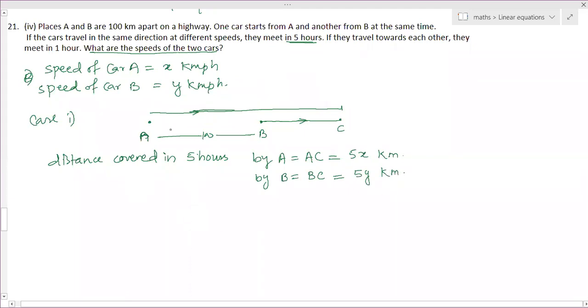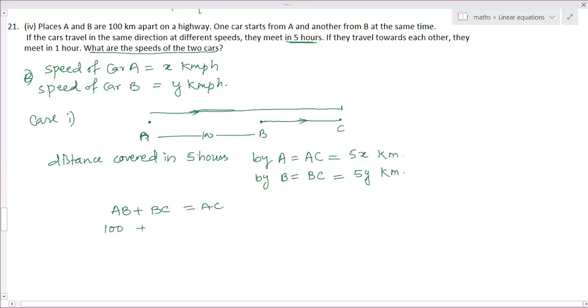Right? Now what is the distance relation between AB, BC and AC? AC is equal to AB plus BC. What is AB distance? 100.